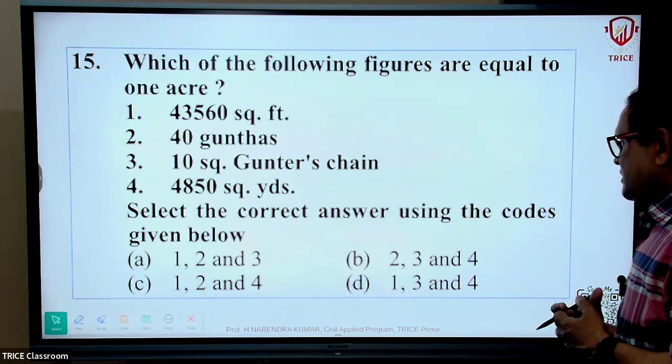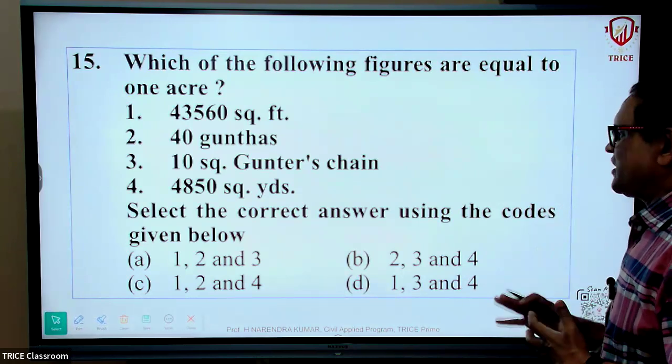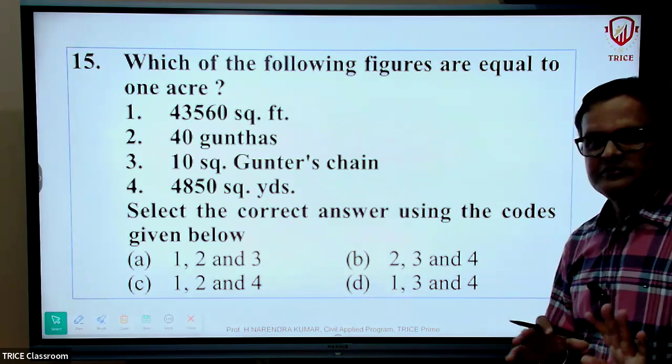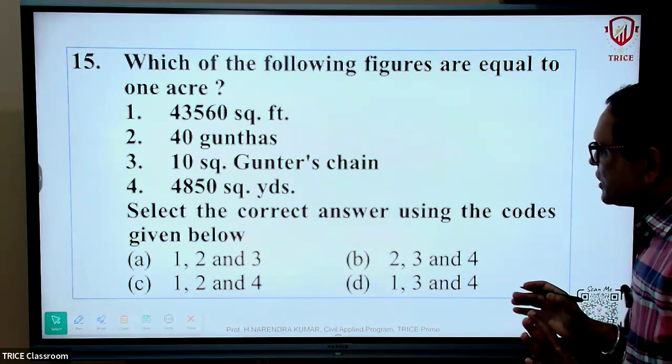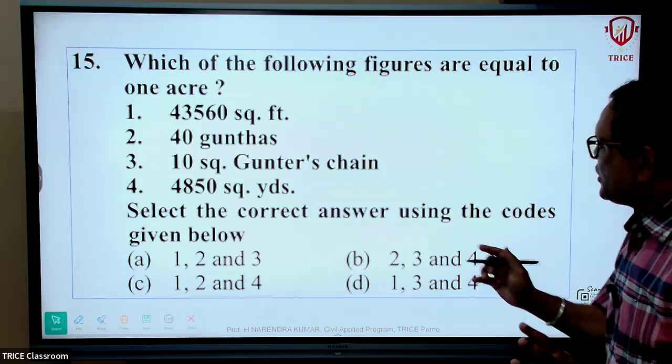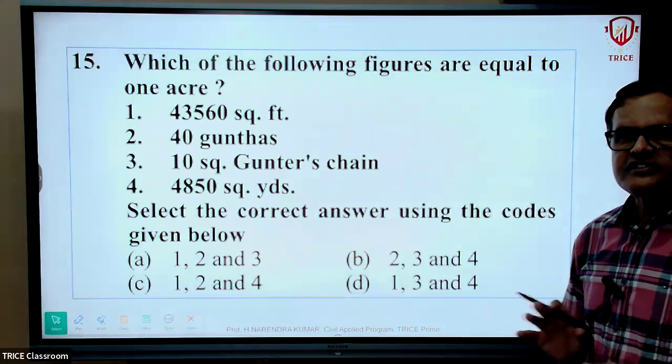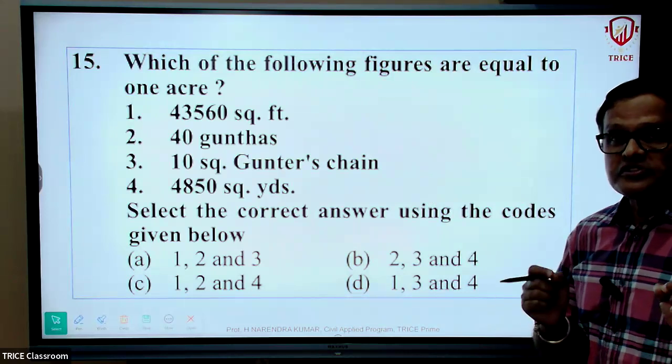Sometimes maybe all 4 answers are correct. That is also there. So you must actually work out. Without working out, closing your eyes and putting a tick mark on one of the answers will not get us the correct picture. You need to solve this.